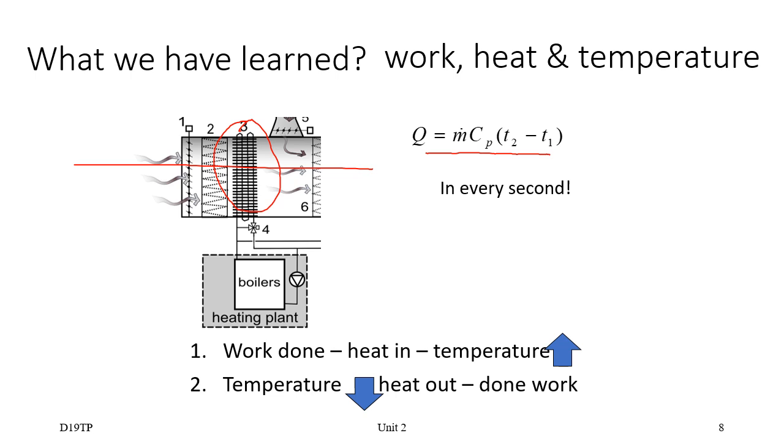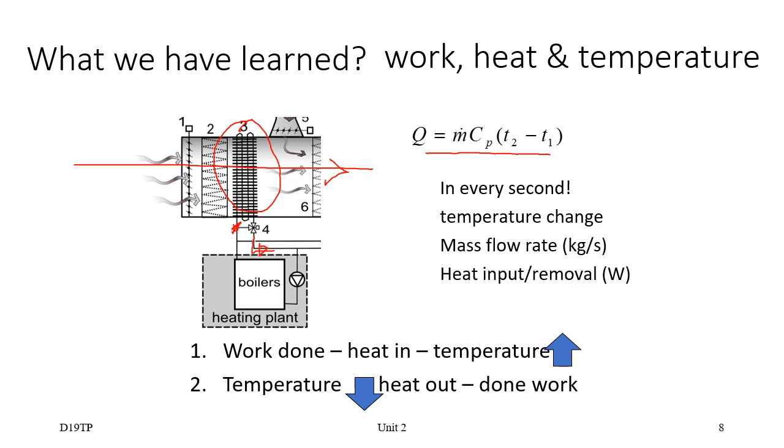And then, let's say the boiler provides hot water coming in here and then coming out here. The hot water is to heat up the air going from here to there. So we look at how we apply this.